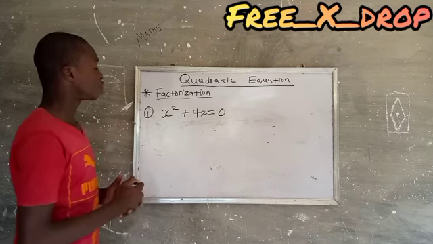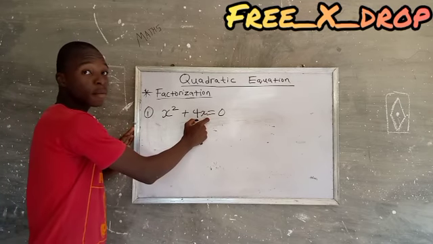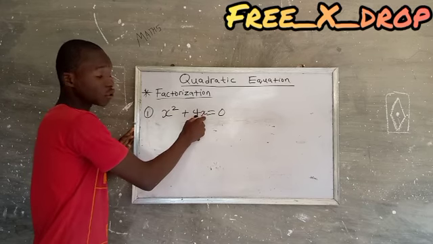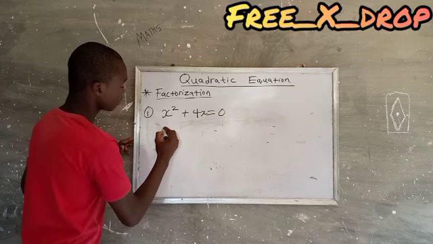So this is what we are going to check: what is here and is also present here is x. x is in x squared and x is also in 4x. So by factorizing, we are going to get something like this.